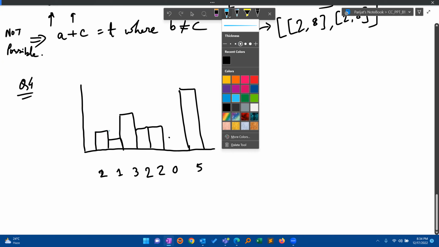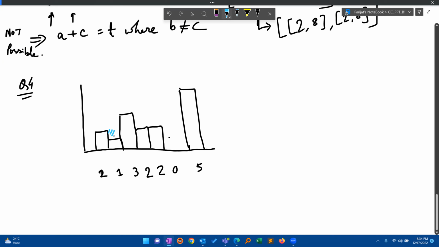So the rainwater will come here, then the rainwater will come here. Right?